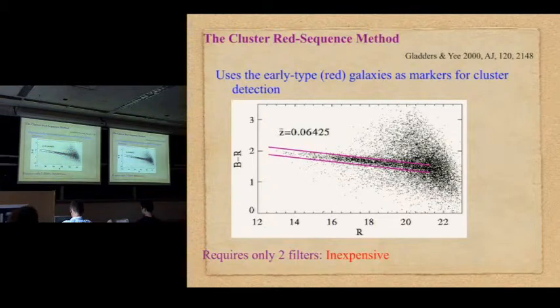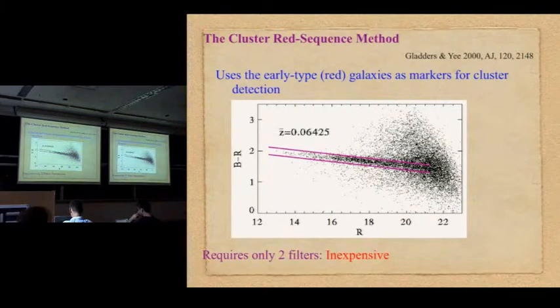So it's a color-magnitude diagram, and all the early-type galaxies will sit in a specific color sequence, ellipticals and S0s. They're the reddest galaxies at any given time, not counting dust.